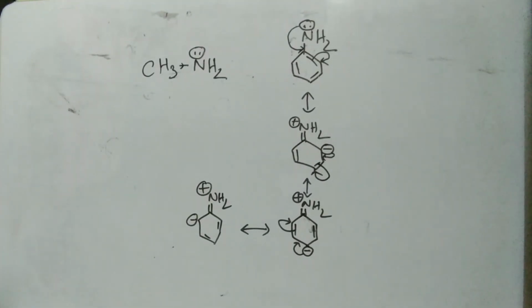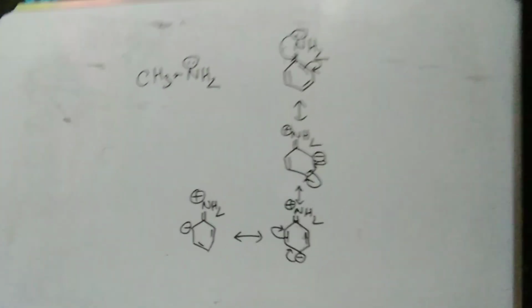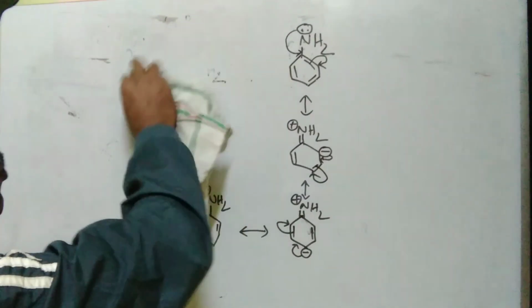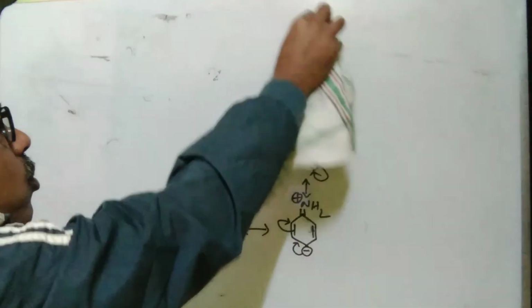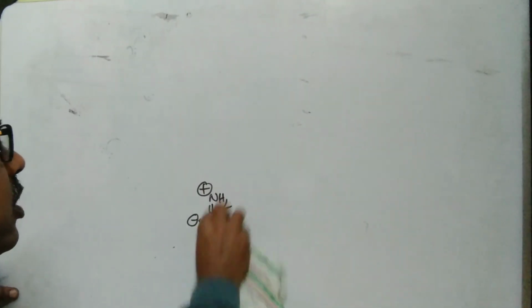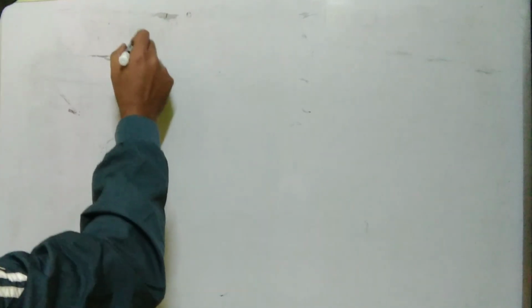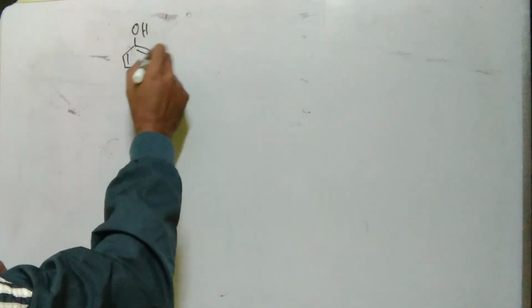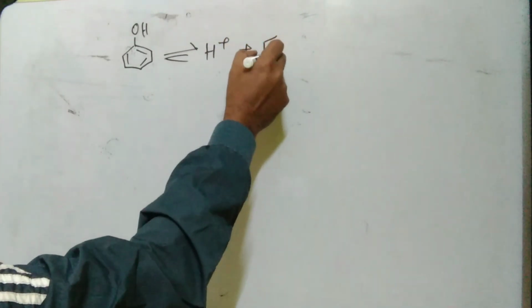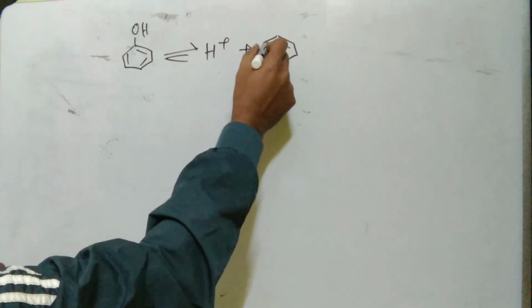Okay, now let us consider another question, between phenol and acetic acid. Which one is more acidic in nature? Now phenol forms an equilibrium in aqueous solution by releasing its acidic hydrogen, and phenoxide, O minus, is formed.